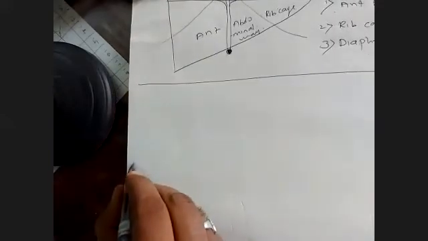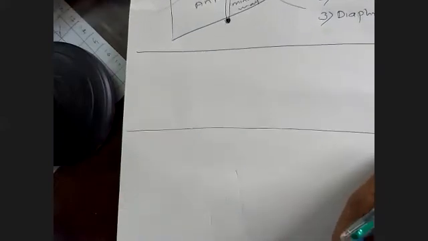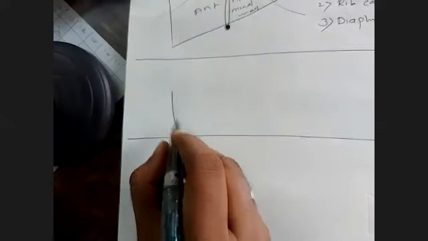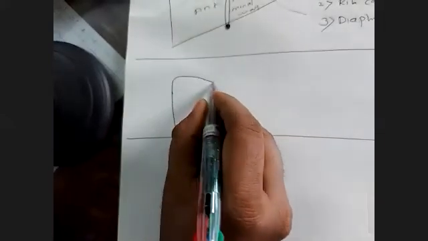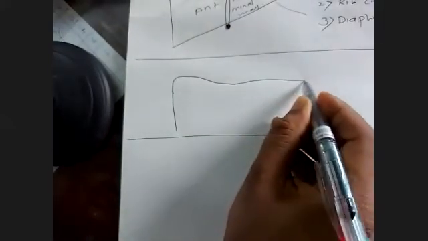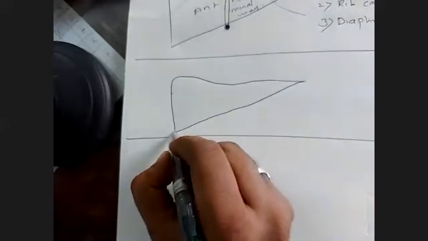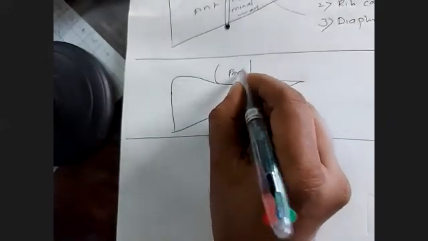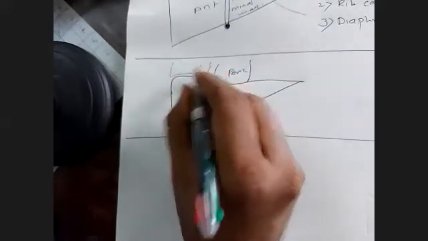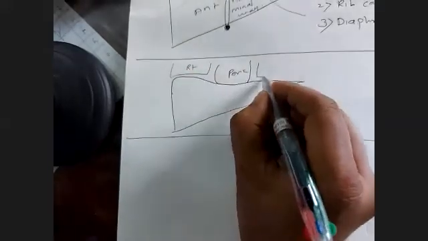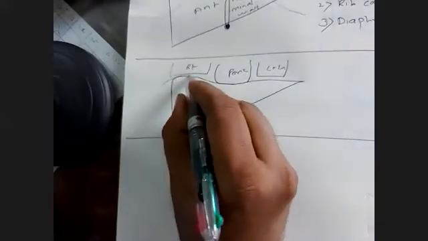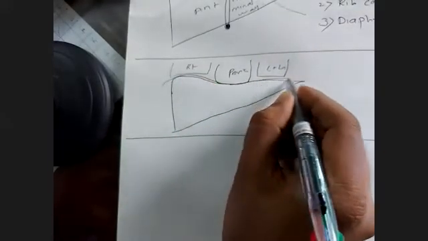Now let us talk about the relations of the superior surface. The superior surface goes slightly like this, and so here is pericardium. And here is the right lung, here is the left lung, and of course in between is the diaphragm.